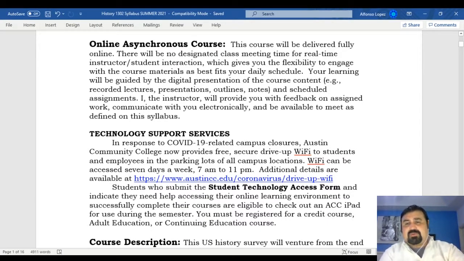So it's important to note that Blackboard is the main platform we're going to be using for this course, and so it's important that you're able to navigate Blackboard: how to use it, how to open the videos, how to upload the assignments, and all the announcements.